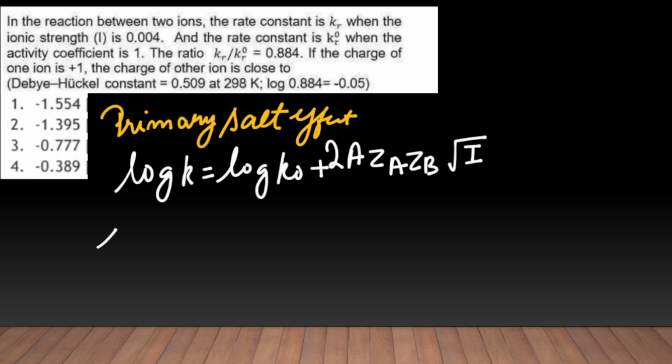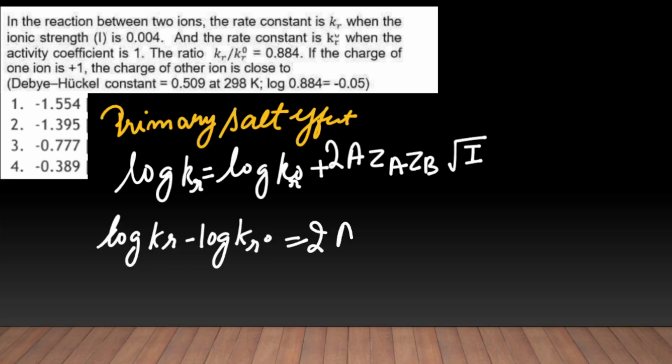Here instead of K they have the rate constant as Kr, and this is Kr naught. So log Kr minus log Kr naught equals 2A times ZA into ZB into the root of ionic strength, which is given as 0.004.